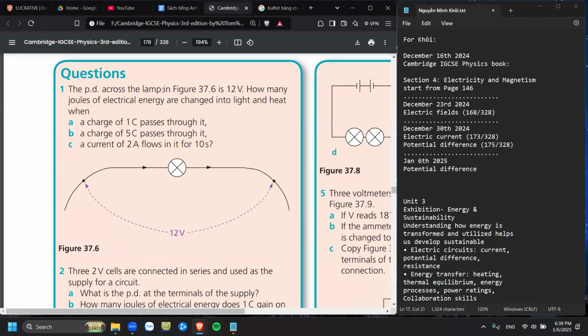So you can flip it around: electrical energy E equals the volt times the coulomb. This one is 12 volts to begin with. They ask how many joules of electrical energy are changed into light and heat when a charge of one coulomb passes through it. Try it.